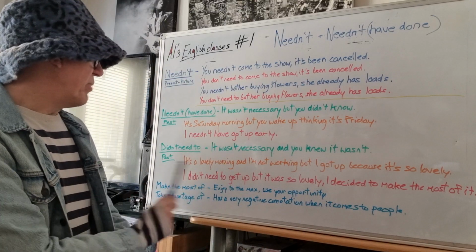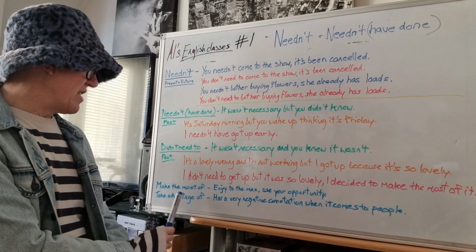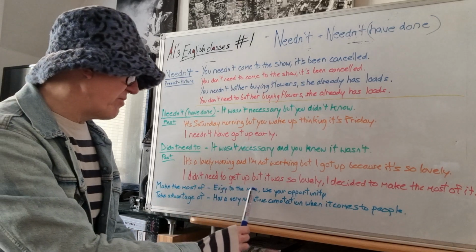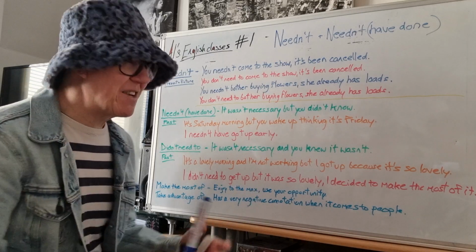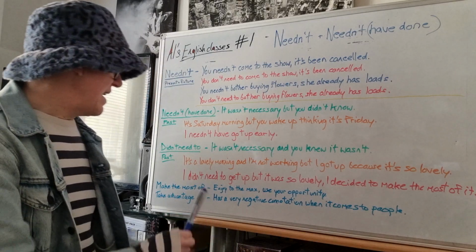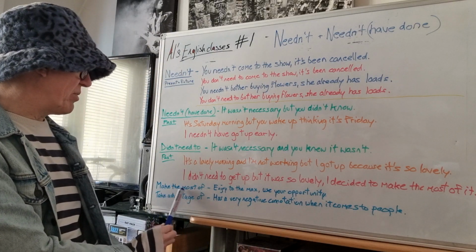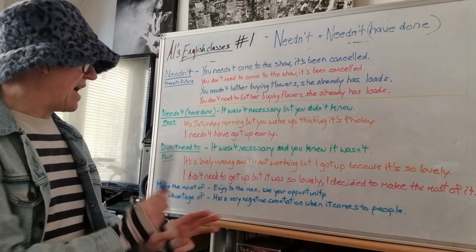Okay? But we also use the same phrase, take advantage of. So you can say take advantage of means enjoy something to the max. Let's take advantage of this lovely weather. But if it's used about people, you cannot use this with people. Make the most of someone, you cannot.